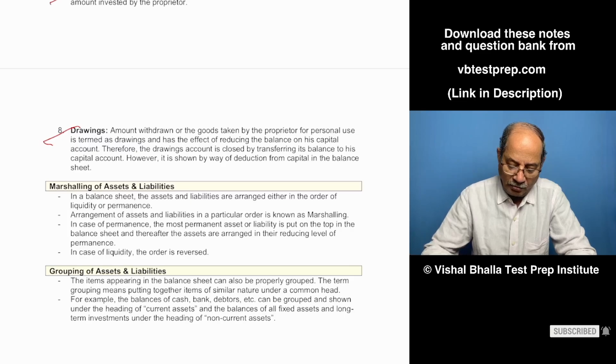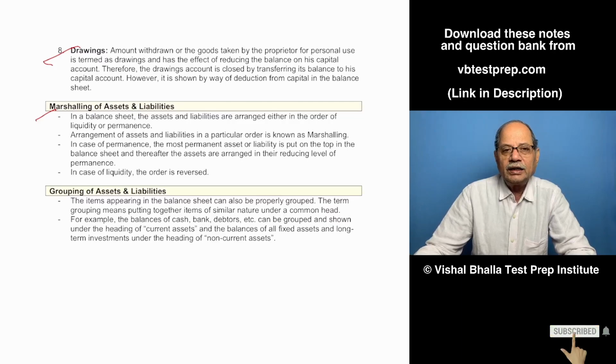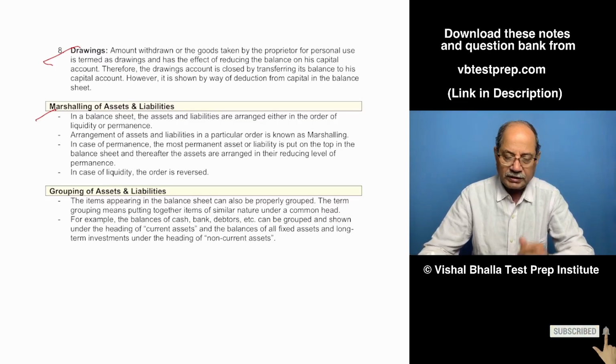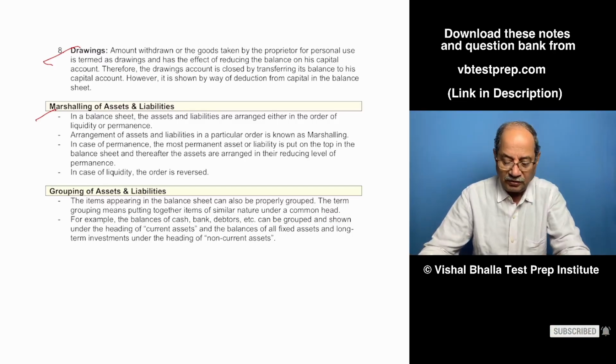Marshalling of assets. Marshalling means you are writing the assets or liabilities in a fixed, given order. There are two types of marshalling: on the basis of permanence and on the basis of liquidity.